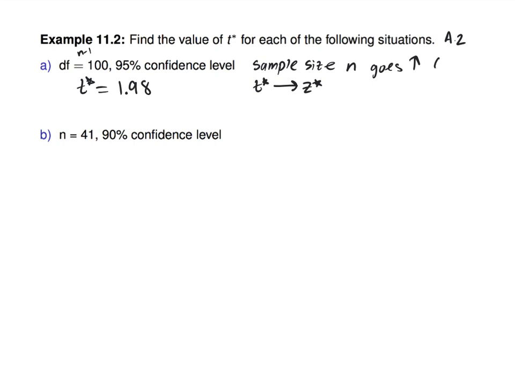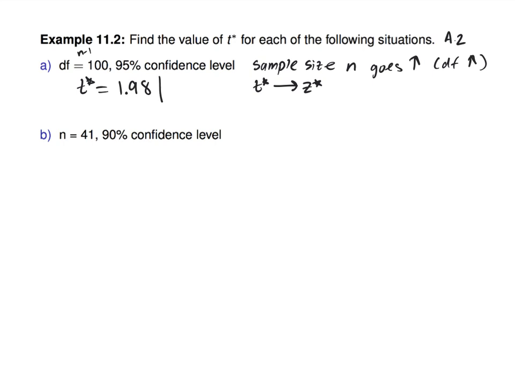So if your sample size goes up, your degrees of freedom is going up as well. And you can see in this table, if you look at the 0.95 column, as you go down it, the multipliers get close to 1.96, which is the true multiplier for 95% confidence. And when you have an infinite number of observations, which obviously is not possible, you get 1.96.